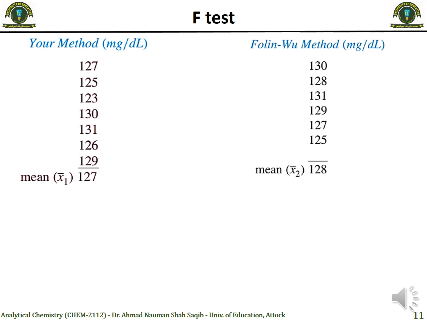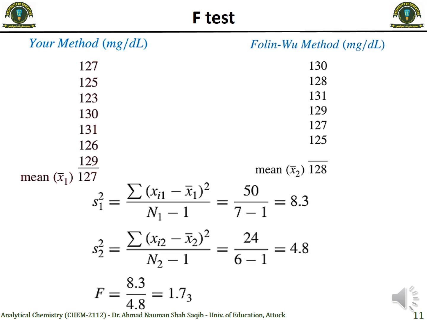So let's first calculate. First we have to calculate the variance, or square of the standard deviation, from our method. As you can see from the table, we have already practiced how to calculate the variance and standard deviation in our lecture specifically on this topic.